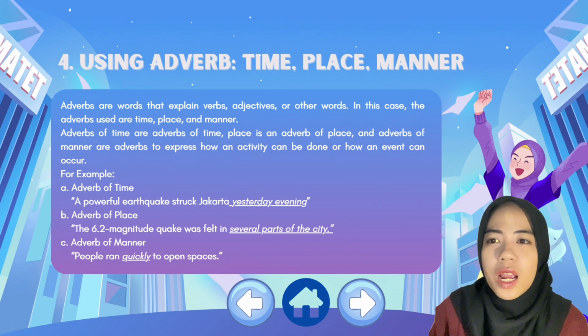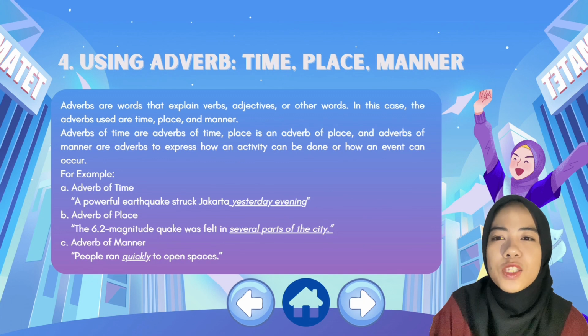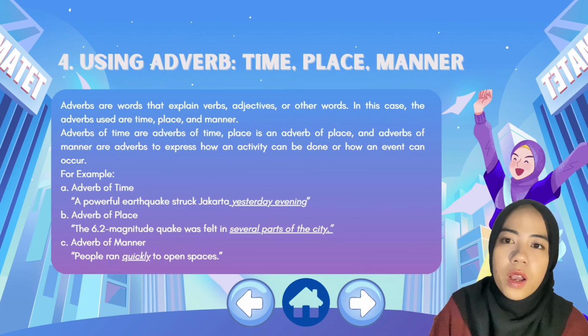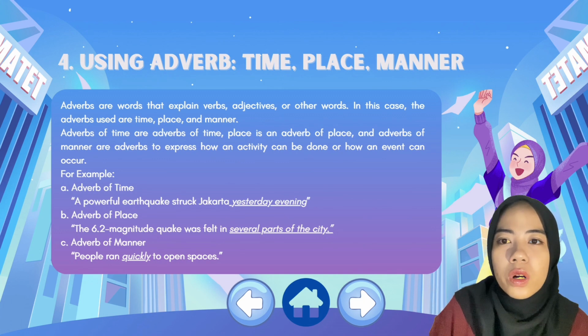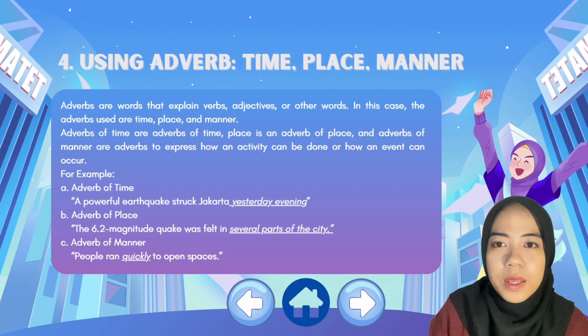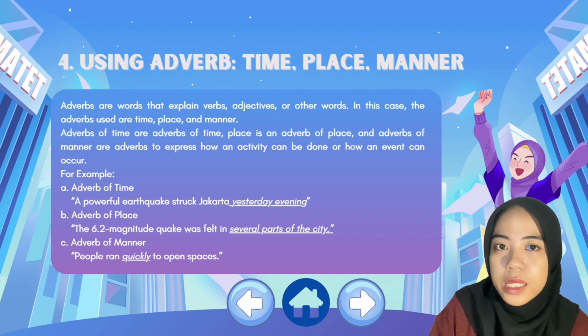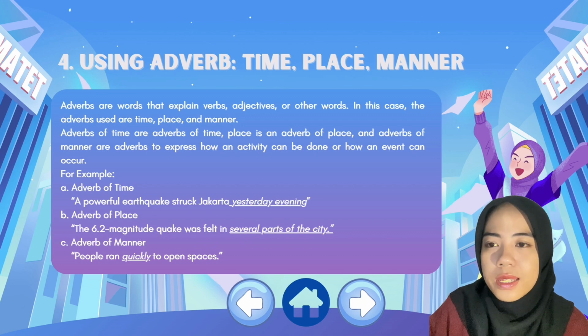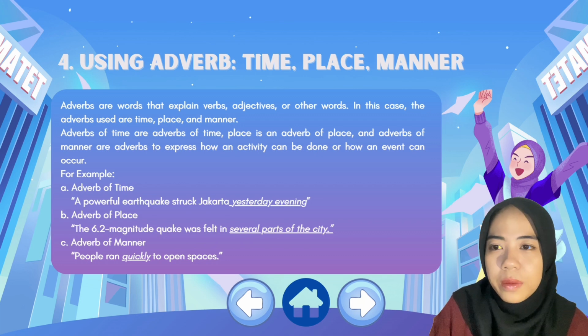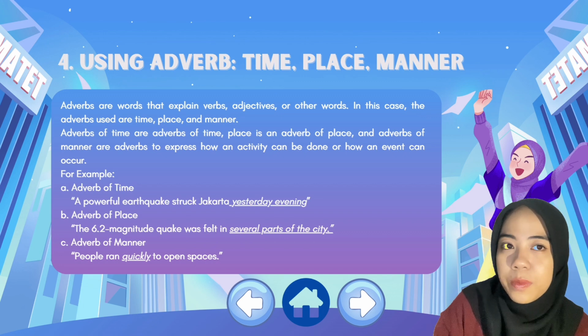So adverbs are words that explain verbs, adjectives, or other words. In this case, the adverbs used are of time, place, and manner. For example, adverb of time: a powerful earthquake struck Jakarta yesterday morning.